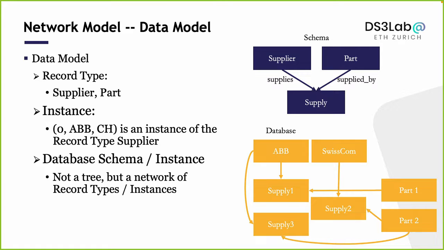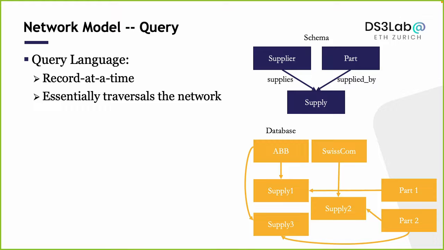Instead of forcing my data to form a hierarchy, now I say, yeah, I can deal with a network. Okay? And then the query language, given a database that looks like this, is still record at a time. Essentially, you try to move your cursor not around the tree, but around this network. So it's more flexible than the hierarchical model.